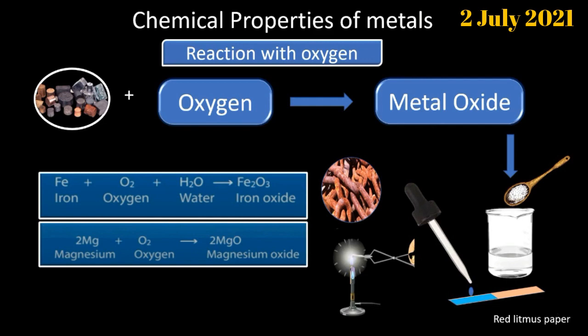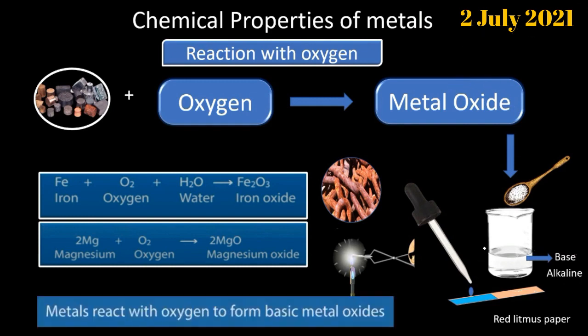And therefore, when the red litmus paper turns blue, it means that the solution here is a base. And how is that base formed? The base is because of this metal oxide. Therefore, since a base is formed when the metal oxides are dissolved, these are basic in nature. So remember this point: metal reacts with oxygen to form basic metal oxides, right?